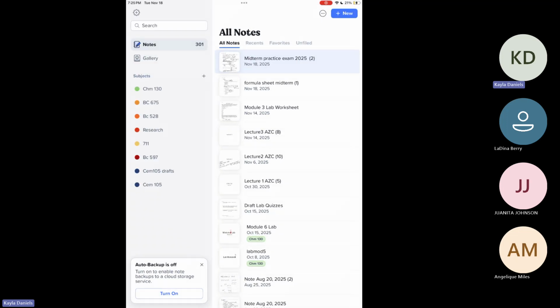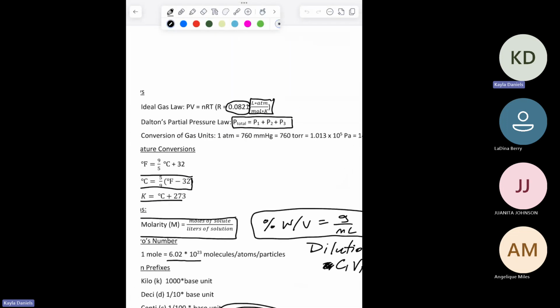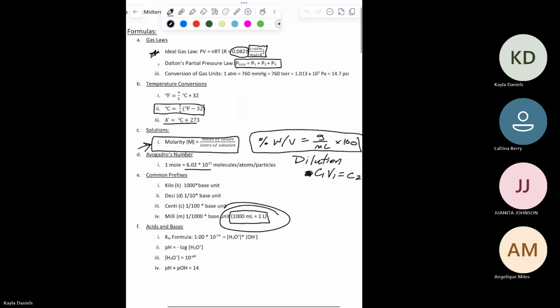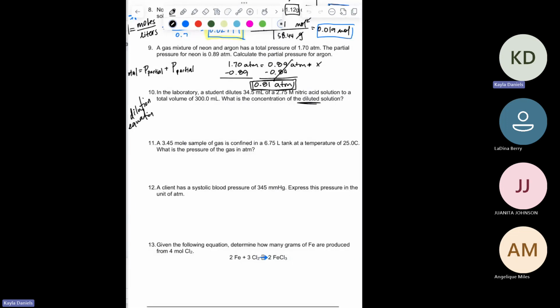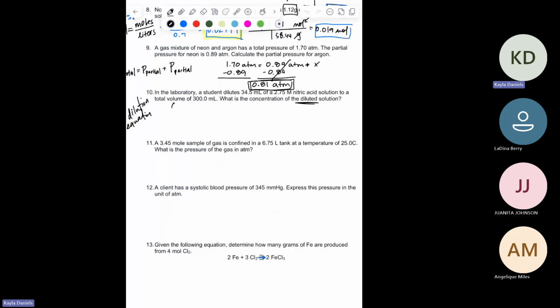So if you forget what the dilution equation is, you can go over to your reference sheet. Here it is. It's written on here right now, but on the final one, it's typed in there. So the dilution equation is C1V1 equals C2V2. And so let me rewrite that over here. C1V1 equals C2V2. All right, so basically you just have your concentration and your volume before, and then your after.